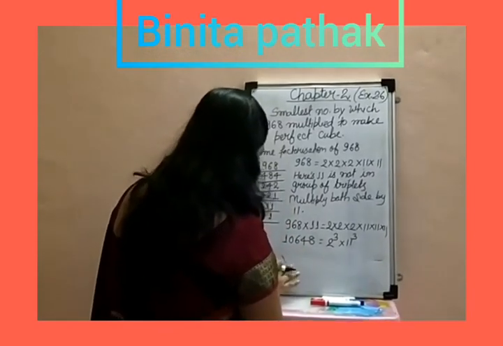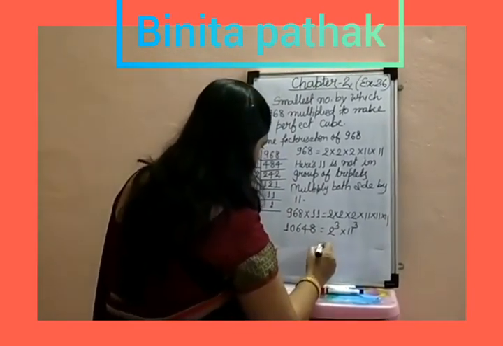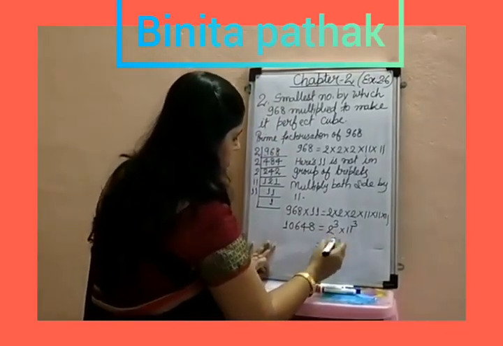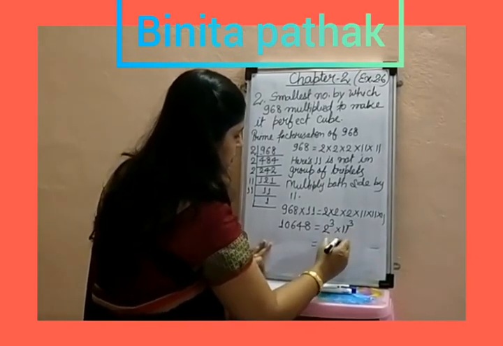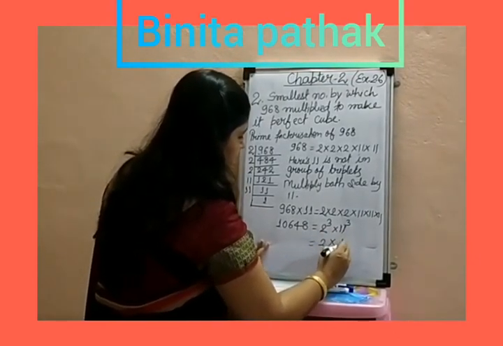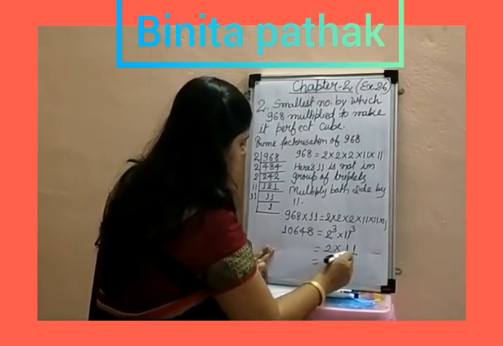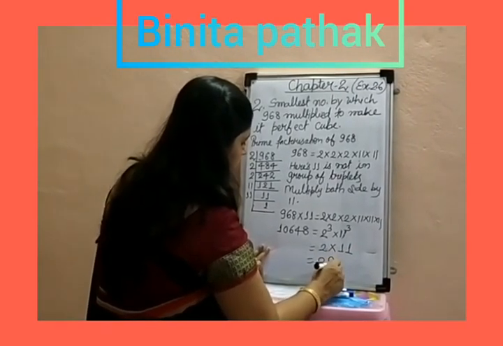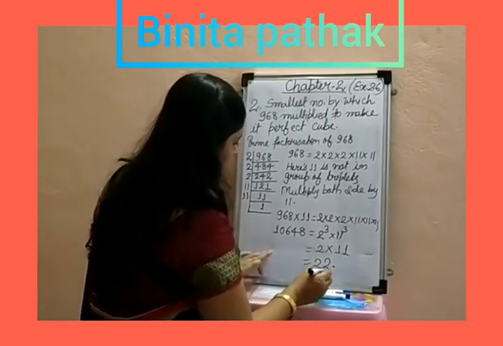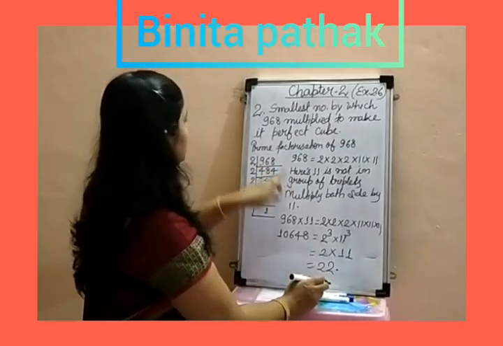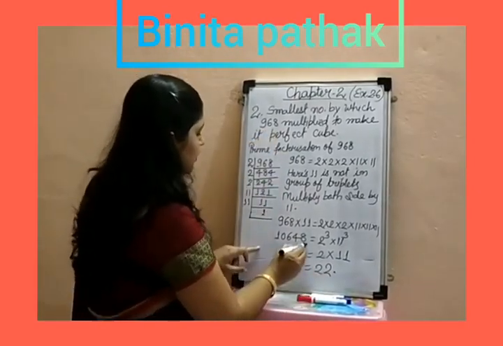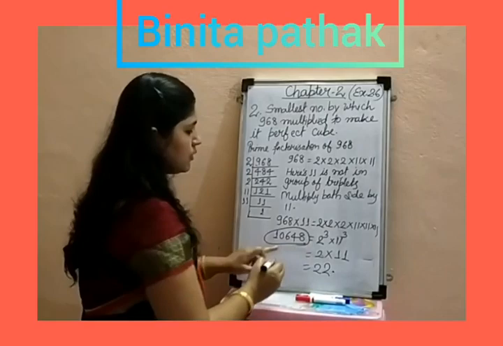When we remove these cubes, we have taken only one 2 and one 11. That is 11 twos are 22, so 22 is the cube root. When we multiply 11 with 968, it will be a perfect cube.